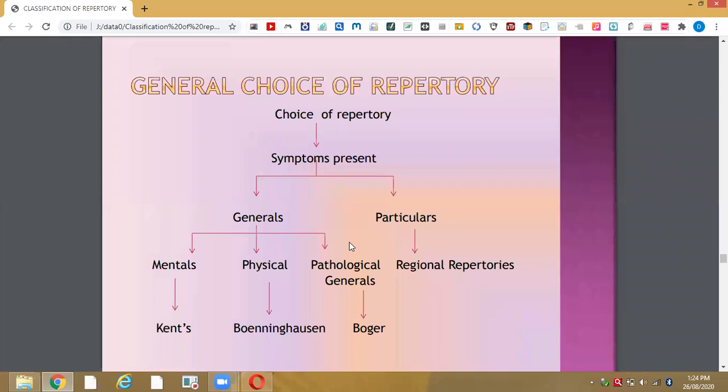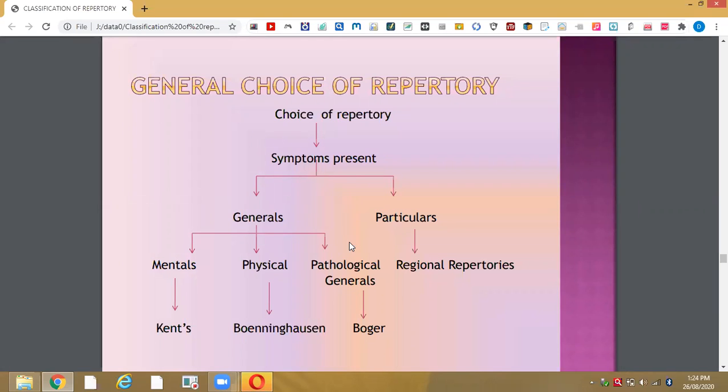Then when we take the case history of the patient and we get prominent physical general symptoms, or we get physical particular symptoms, then we focus on the repertories which are based on the particular symptoms or the complete symptom.